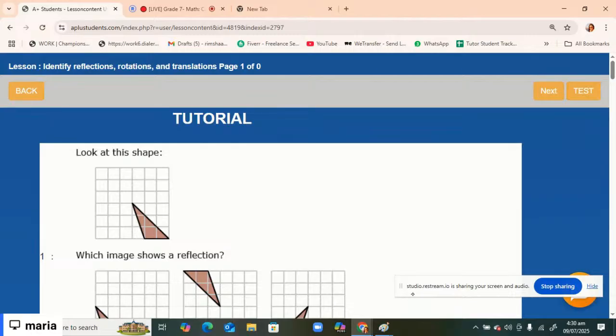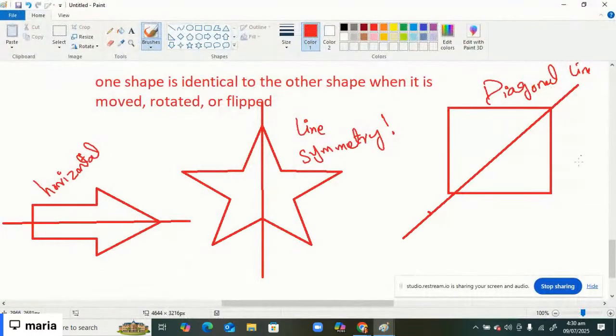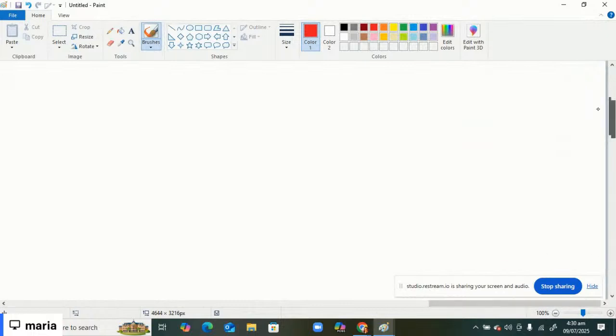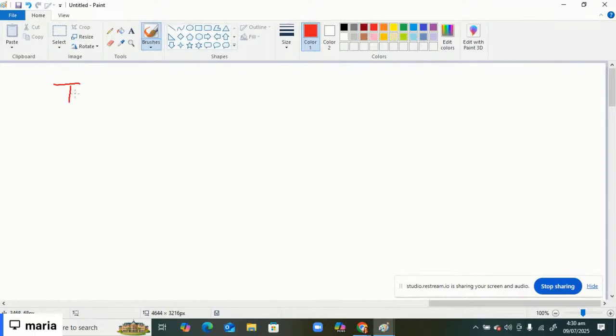First of all, I'm going to tell you the translation. What is translation symmetry?